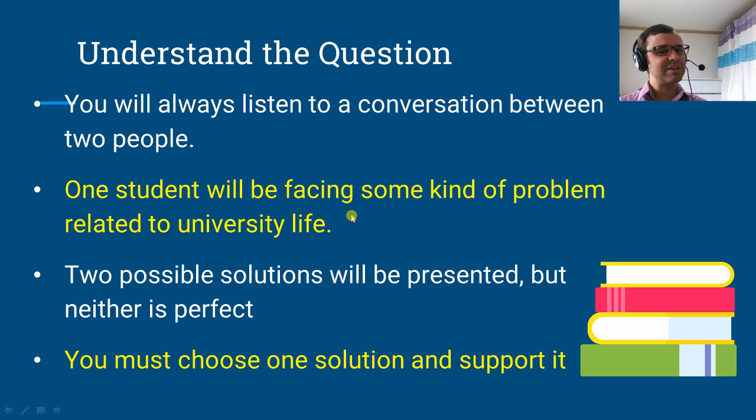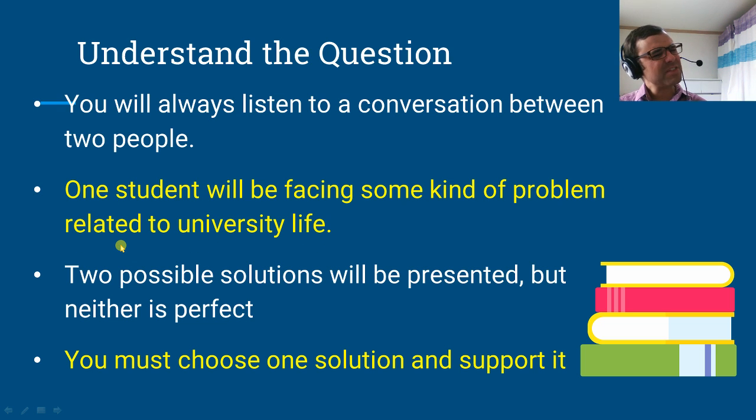One of the people in the conversation is going to have a problem related to university life. Note that it's always the student who has the problem. So if you do get the professor-student conversation, it's the student who has the problem. Now, I mentioned that it's a problem related to university life.